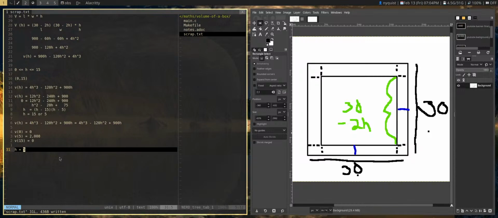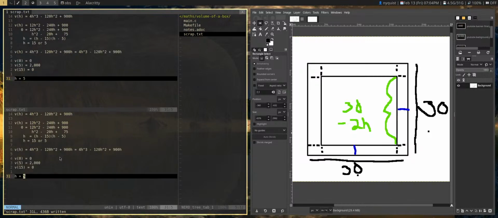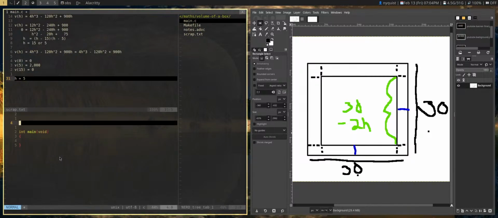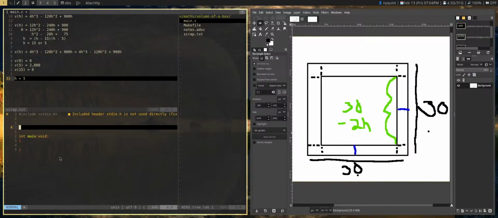So let's see if we can figure this out programmatically too. This might be a little bit of a challenge, but let's see what we can do. So first, what are we going to have to do? What is a good way to start this off?